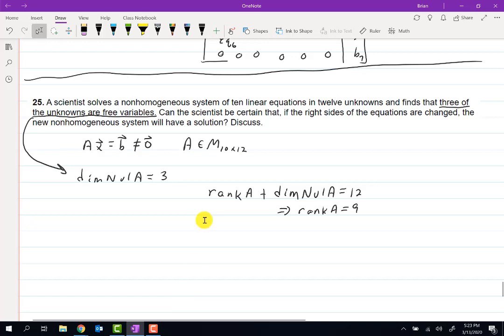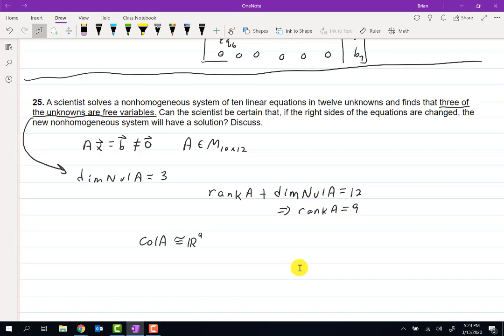Now, can the scientist be certain that if the right side of the equations is changed, that means I start playing around with different B's here, the new non-homogeneous system will have a solution? No, not in this case, because rank A is 9, so that means the column space of A is isomorphic to R^9.